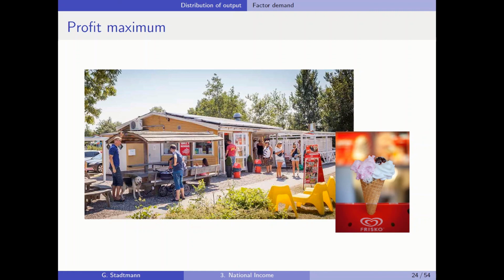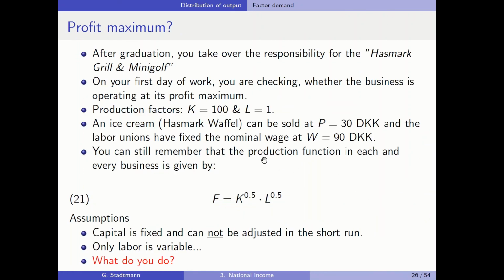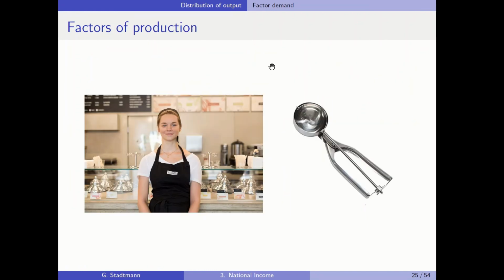What is the setting? The setting is that after graduation, you take over the responsibility for the very famous Hasmark grill and mini golf. On your first day of work, you are checking whether the business is operating at its profit maximum. So you have to check how much capital is there in this business and how much labor is in this business.